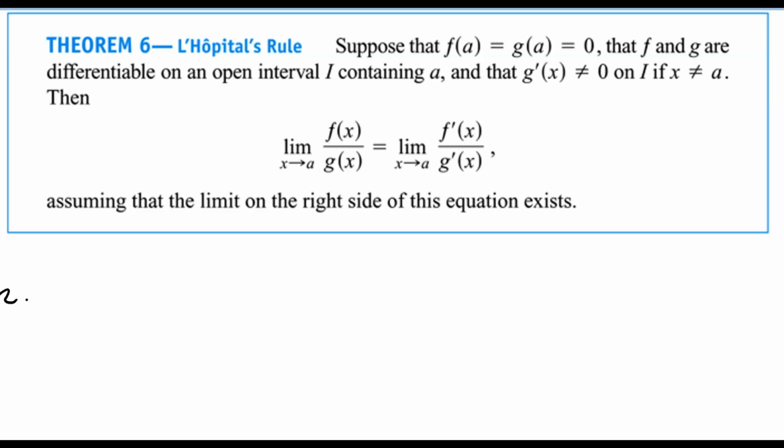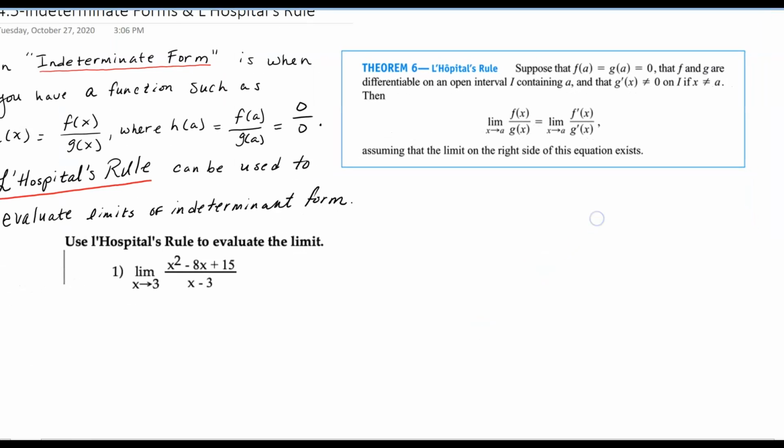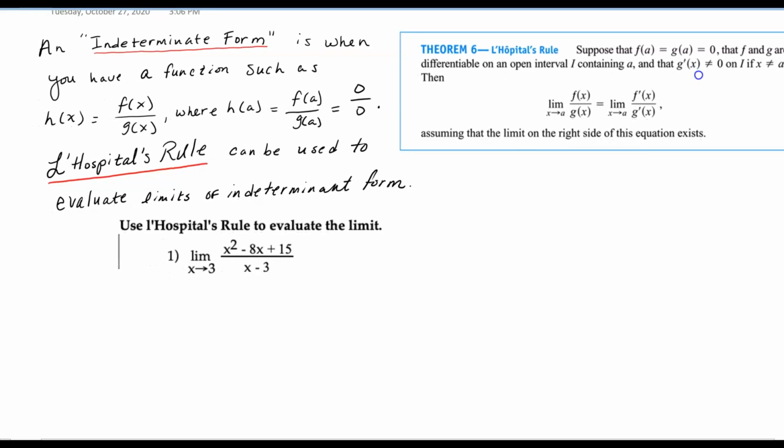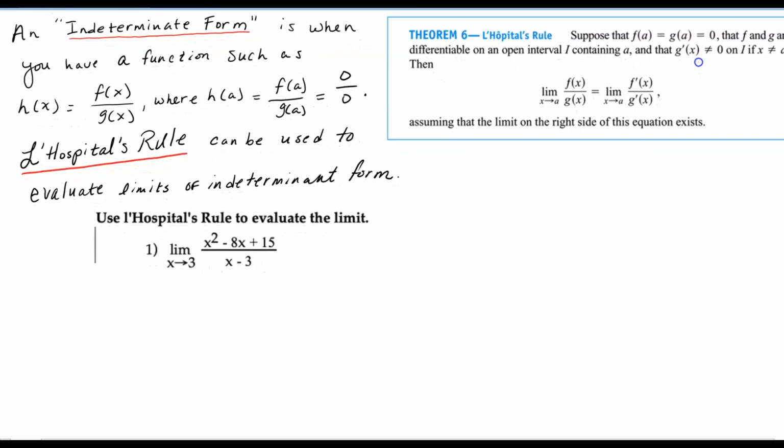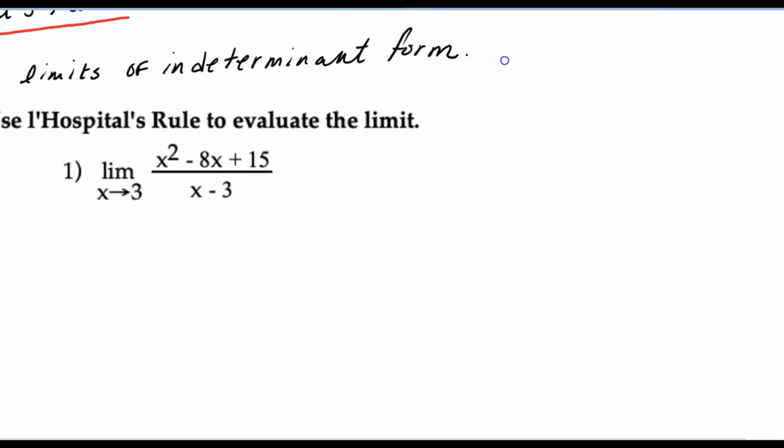Assuming that it is possible to take the derivatives, then you can evaluate the derivative at that value and find the limit. It's actually really neat. Maybe it sounds like a mouthful to say or to read, but let's look at it in practice and see how it works out.